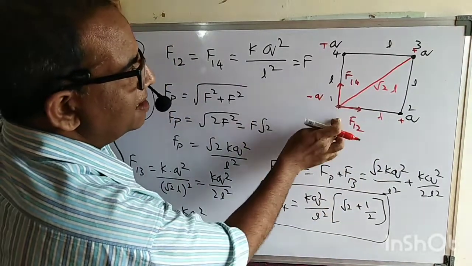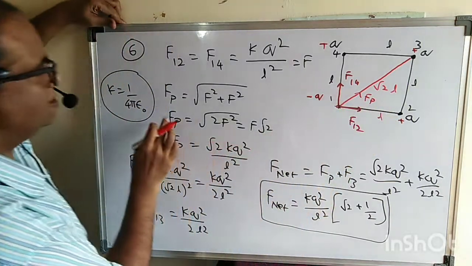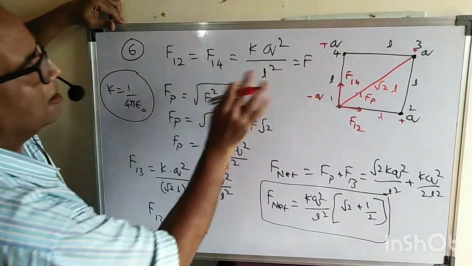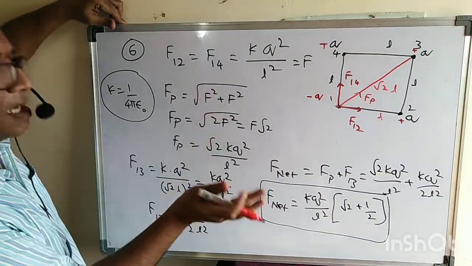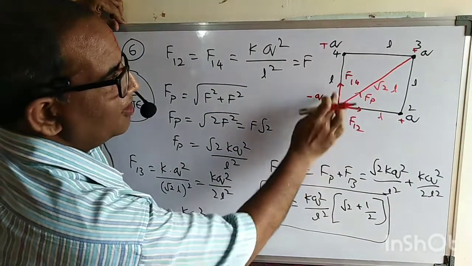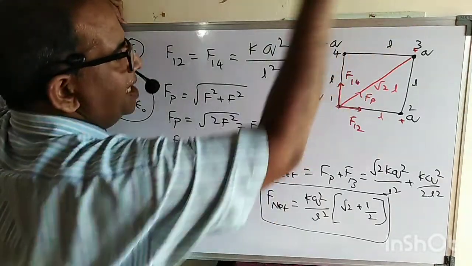So the resultant of these two will be FP. F12 and F14 are the same, you please write down, and the resultant of these two will be FP in the other direction.